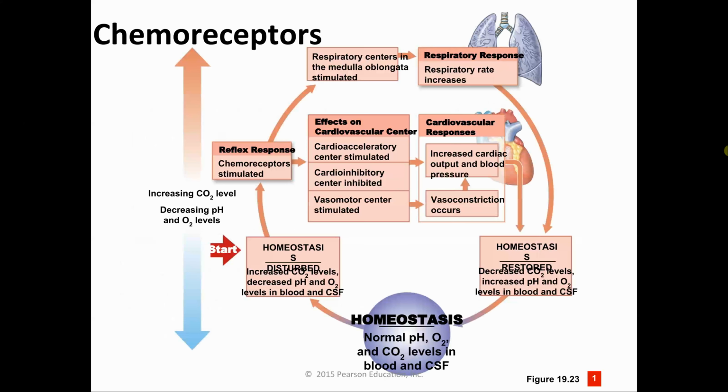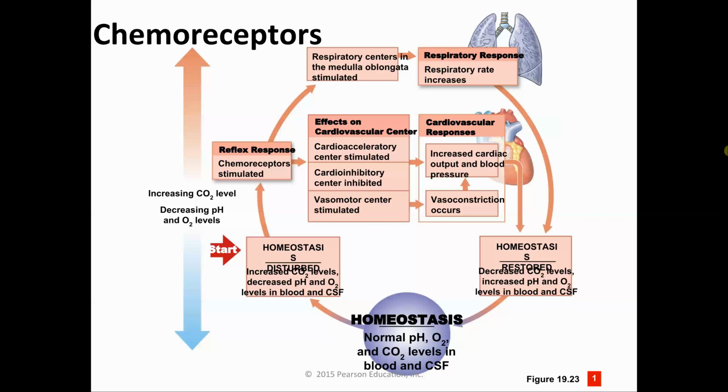All right, so if we have increasing CO2 levels or decreasing pH and oxygen levels, that's going to trigger those chemoreceptors. So either you're accumulating too much CO2, or your blood is getting too acidic, or oxygen is too low.